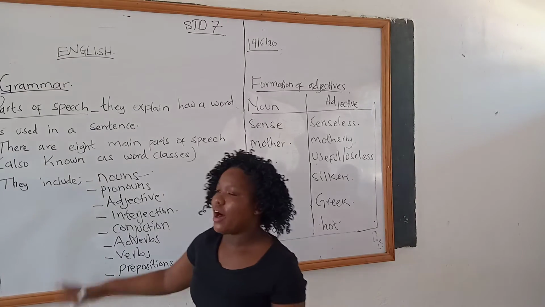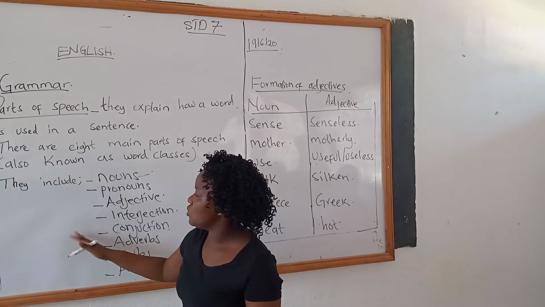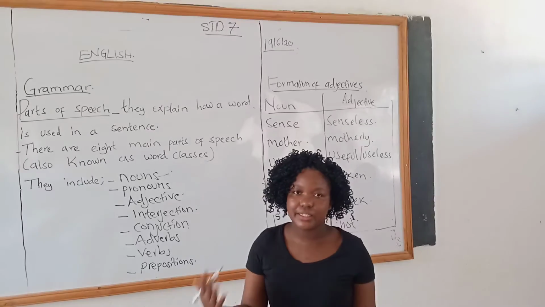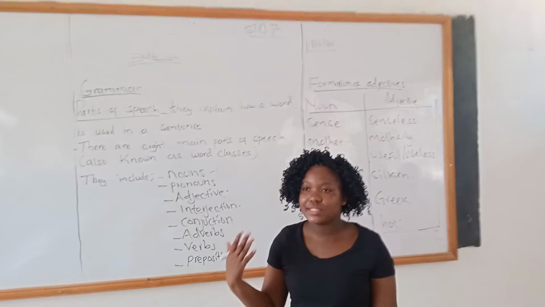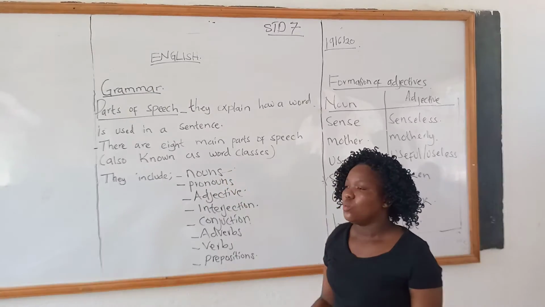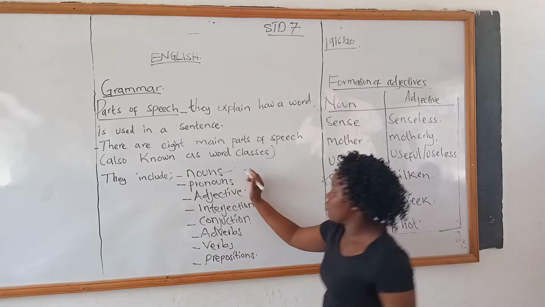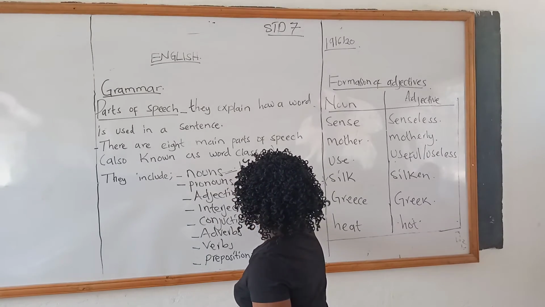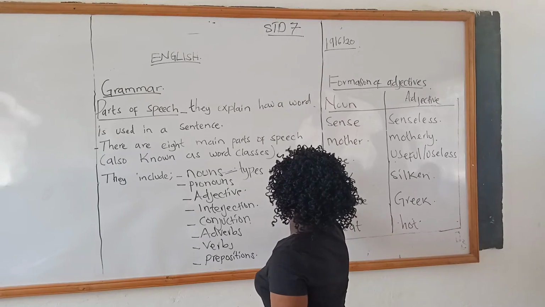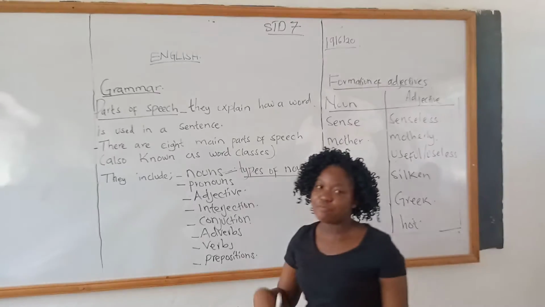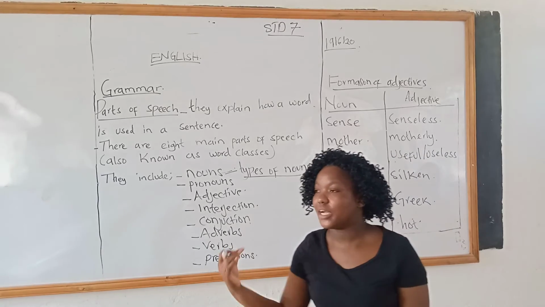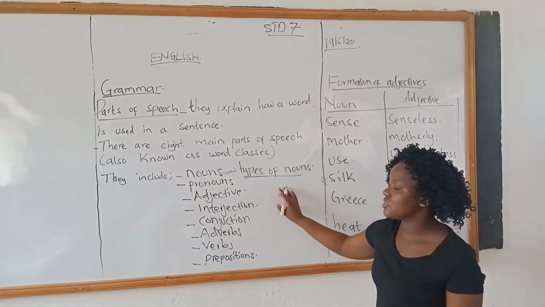So what you need to have in mind is that we have eight main parts of speech in English, and you also need to know the examples in each. For example, we said what a noun is, and also the types of nouns. We have proper noun, common noun, countable, uncountable, and the list continues.